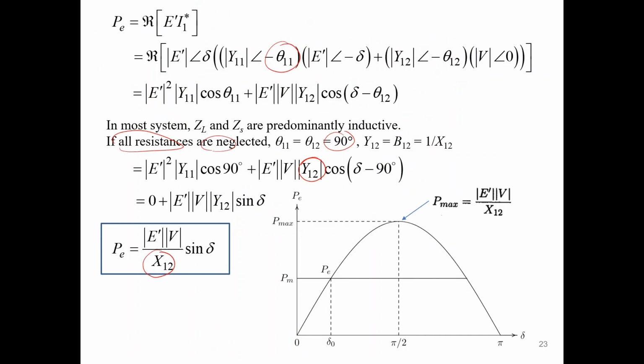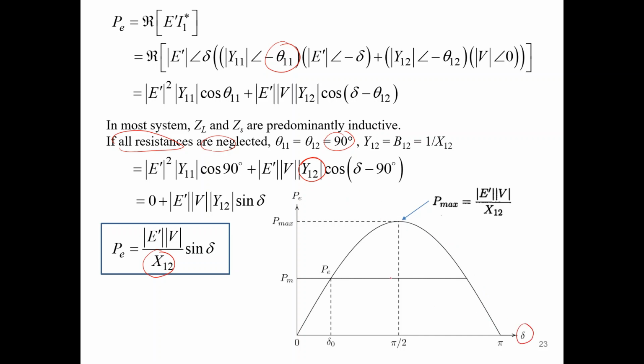So now you can see that when we model PE in stability analysis, we use this kind of relationship. You can see the plot of PE along this curve, plotted between PE and delta.